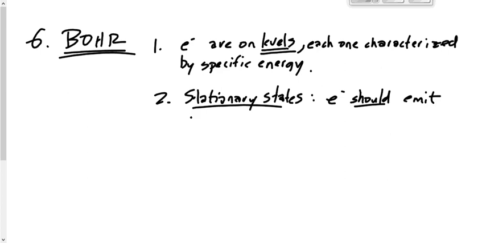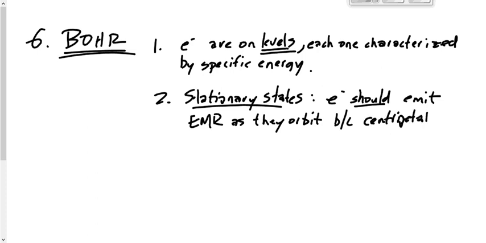The electrons should emit EMR as they orbit, because they accelerate, right? Because there's a centripetal acceleration toward the center of the circle. But they don't.